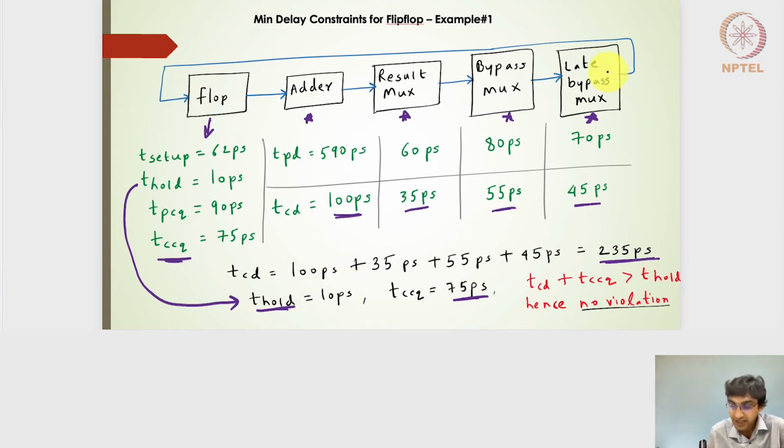Then what we can confirm is the output of the late bypass mux will not be captured in the first clock edge of this flip-flop design. So TCD plus TCCQ turns out to be 235 plus 75, which is around 310 picoseconds, which is naturally greater than the 10 picoseconds. Hence, we say that there is no hold time violation, or there won't be any hold time failures. Right, hope this is clear.